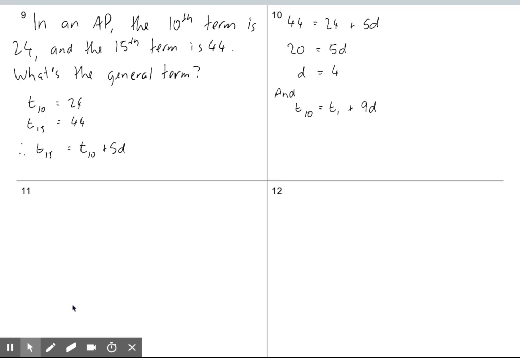T10 is 24 and D is 4, so we've got T1 plus 9 times 4. Well, 9 fours are 36, which means I've got T1 equaling negative 12. So now that I've got my first term and my difference, I can work out my general term.